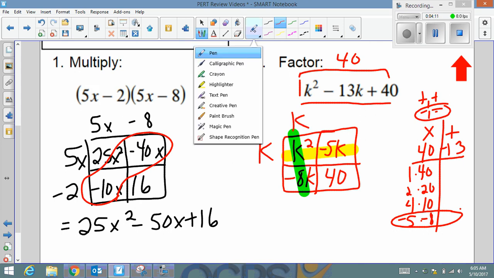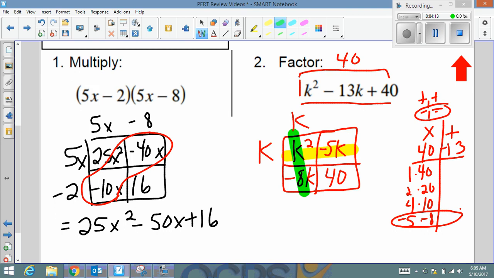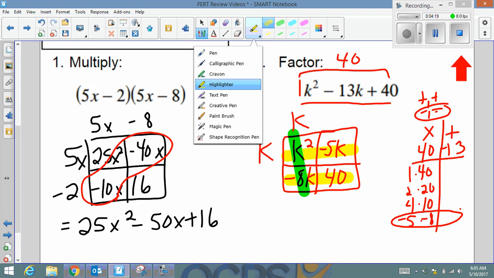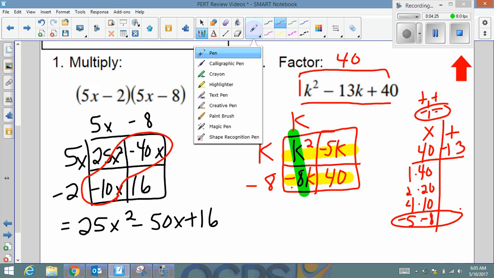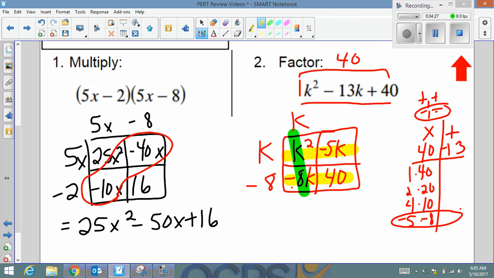Then I am going to go here, and they have an 8 in common. And because this is negative, this is going to be negative. And then last, I go here, and they have a 5 in common.